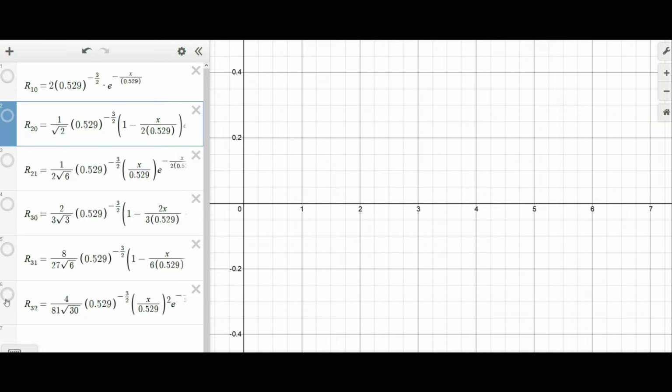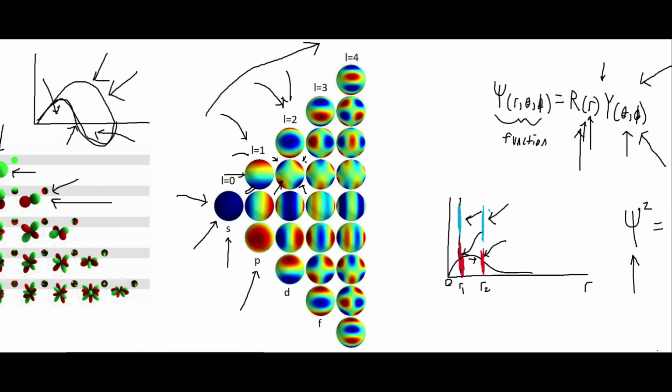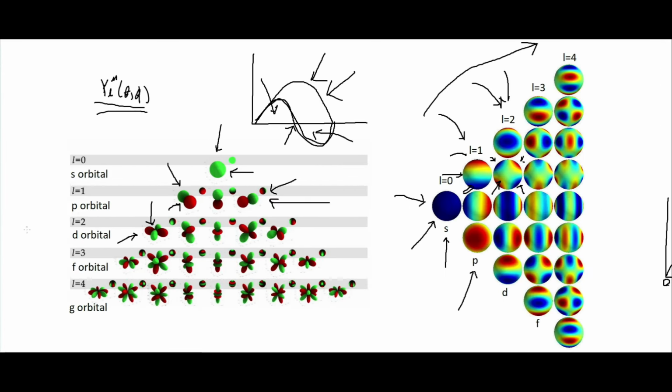And then we can look at this one, and this is the 3d orbitals. And so the d orbitals are these ones right here. And so you can see, well, I mean, this is showing it with the radial and the angular part of the equation.